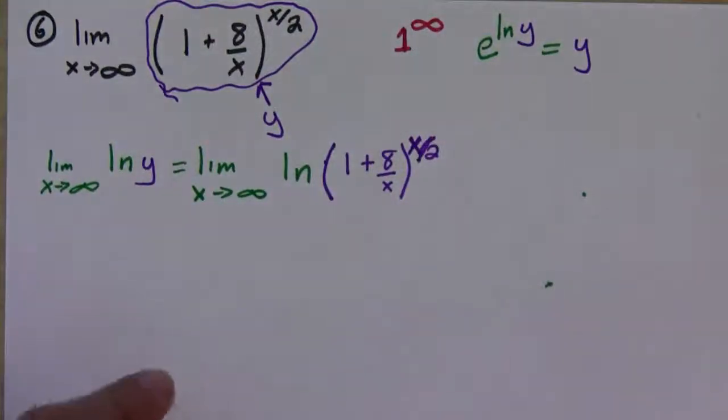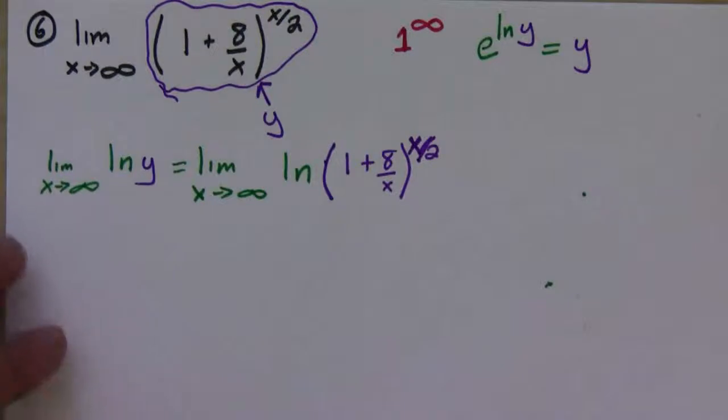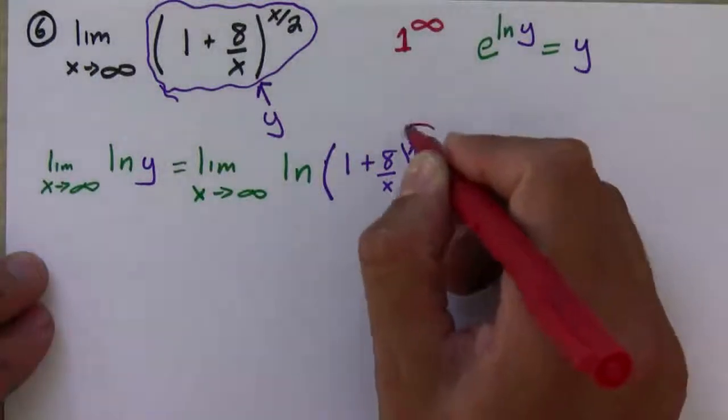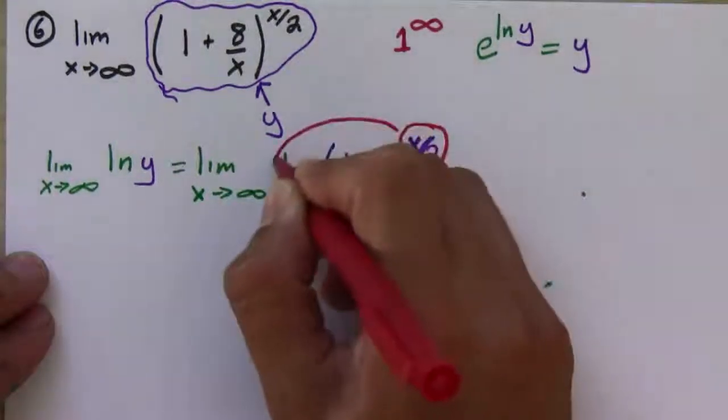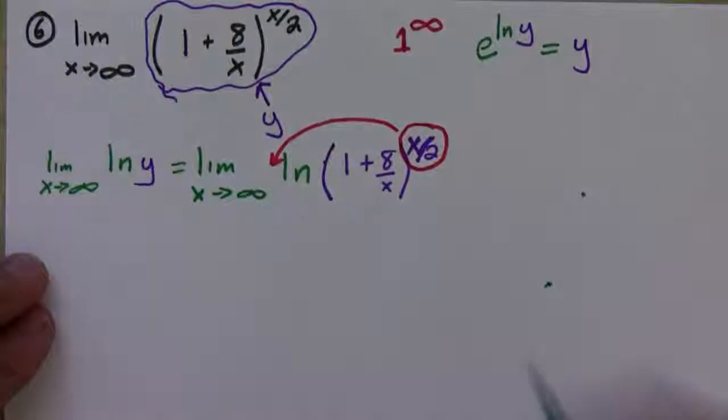This one's a little bit less labor intensive than the other one, I think. But remember, this is going to allow us to bring the x over 2 down.